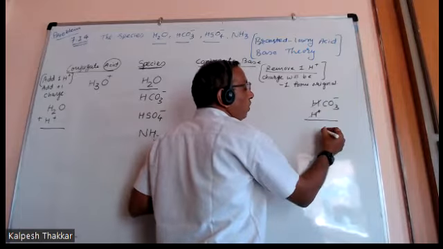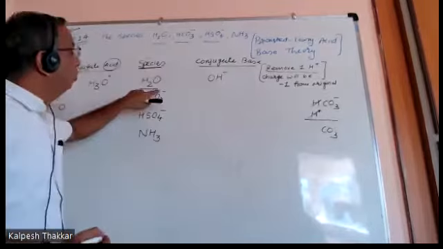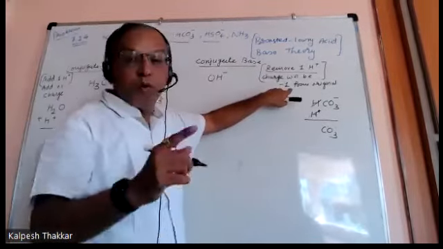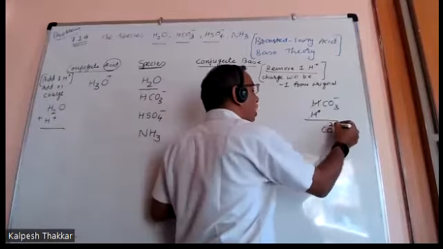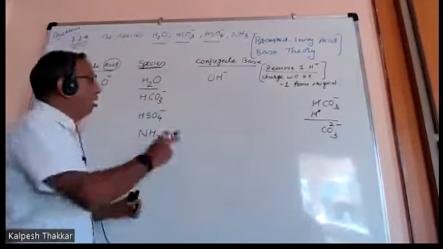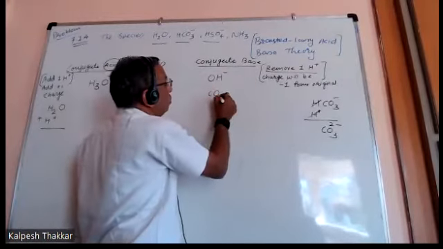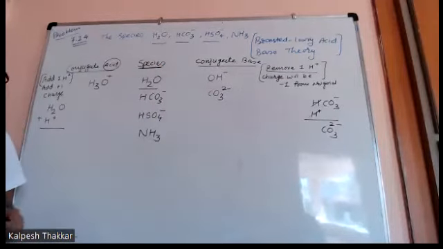So this H will be removed, and CO3 will be there, but CO3 is charged. This is -1, and we have to subtract one more, so the total charge will be -2. So CO3 2 minus, the carbonate ion, is the conjugate base.